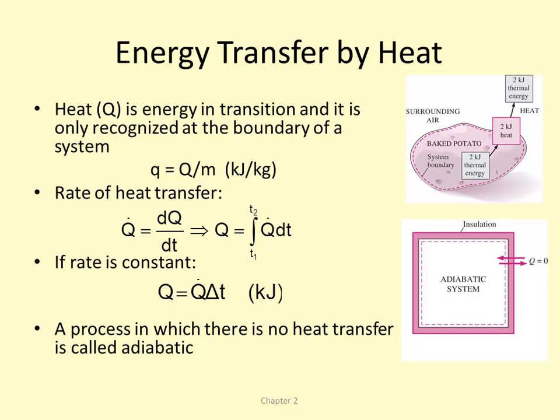The rate of heat transfer is the change in Q over time, and then if the rate is constant, then we can multiply this Q dot, which is called the heat transfer rate, Q dot times the time interval to get the total amount of energy that was transferred during that time period. And then this keyword adiabatic will show up a lot in problems, and it just means that there's no heat transfer. It's well insulated.